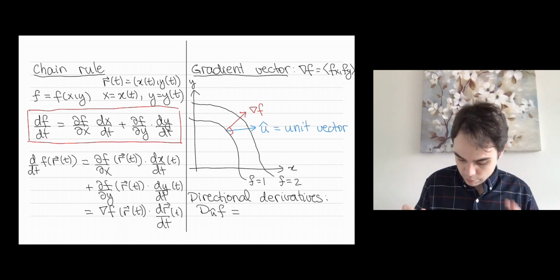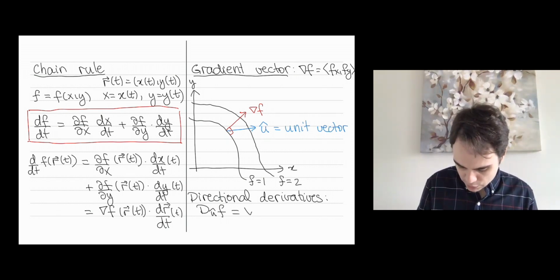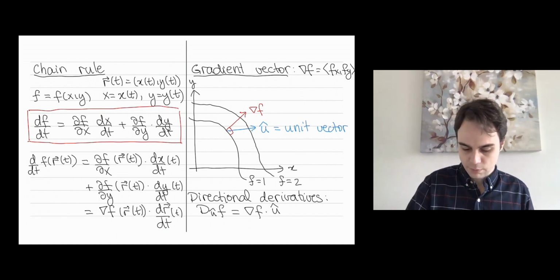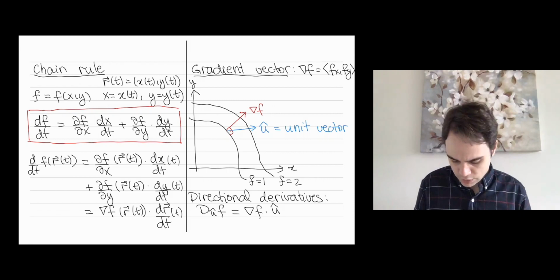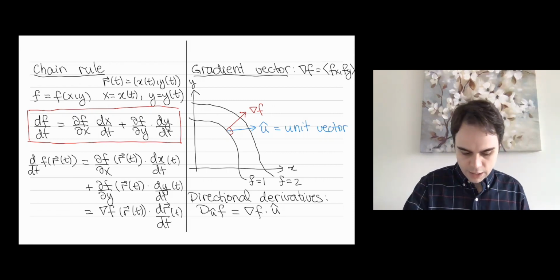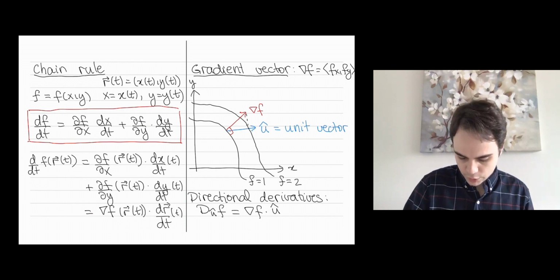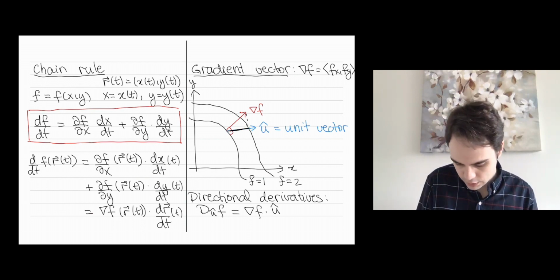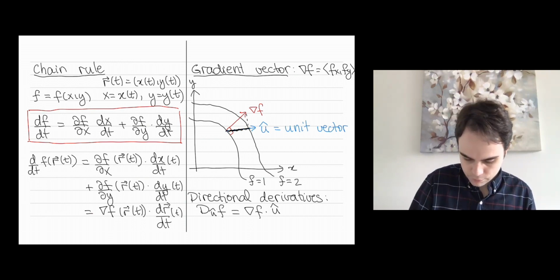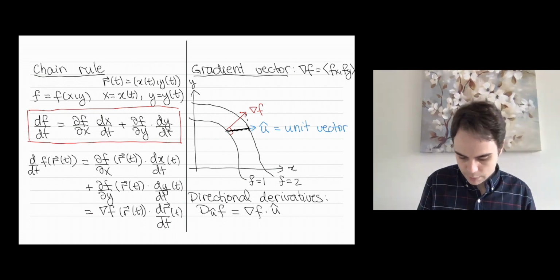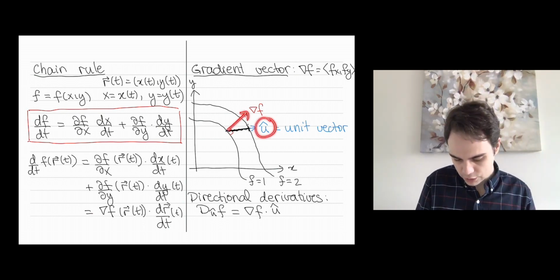The main thing to remember from a computational standpoint is that this is just equal to the gradient vector dotted with u. When you do the dot product, it's just picking up the projection of the gradient in the direction of u.